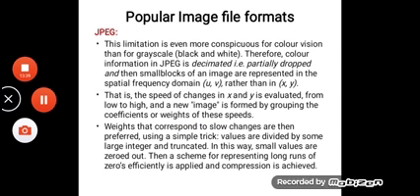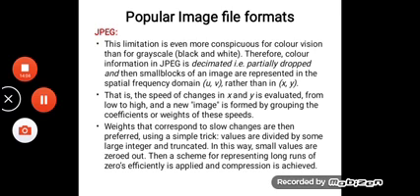Now this limitation is even more conspicuous for color vision than the grayscale, that is black and white. For monochrome, it can be easily identified because we will be dealing with only one kind of color. So with monochrome, identifying the changes is very easy, so resolution has to be very high, and for color it has to be very low.